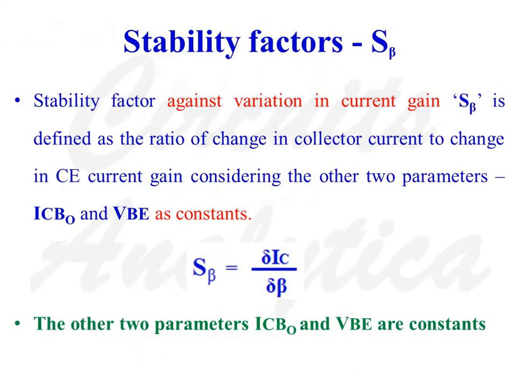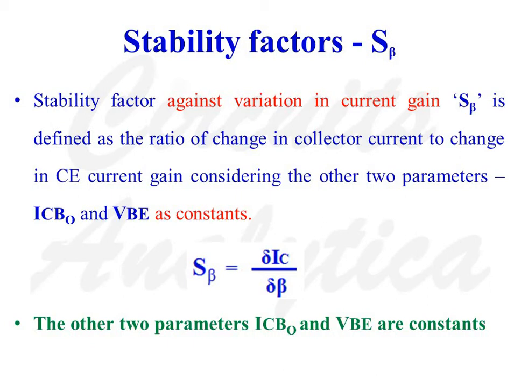Stability factor S beta. Stability factor against variation in current gain. S beta is defined as the ratio of change in collector current to change in common emitter current gain, considering the other two parameters, leakage current ICBO and base emitter junction voltage VBE, as constants.